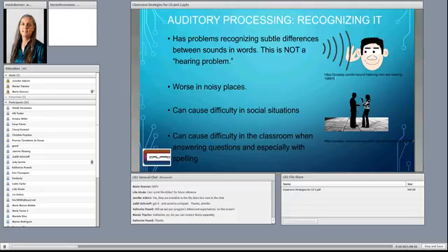So the first type of learning disability that I was going to talk about today was auditory processing. People with auditory processing deficits have trouble recognizing subtle differences between sounds and words. It is not a hearing problem.